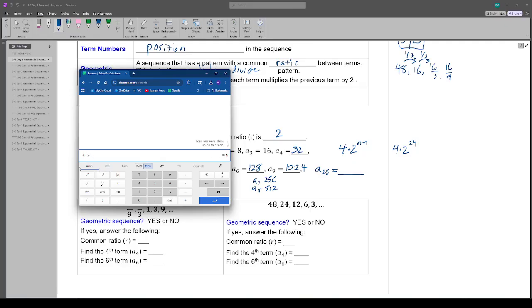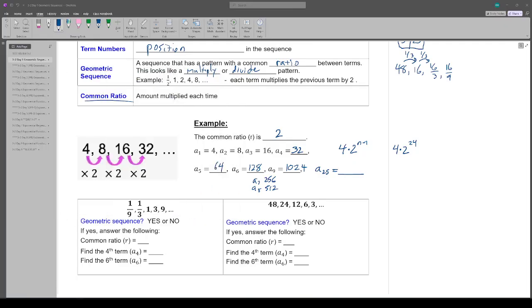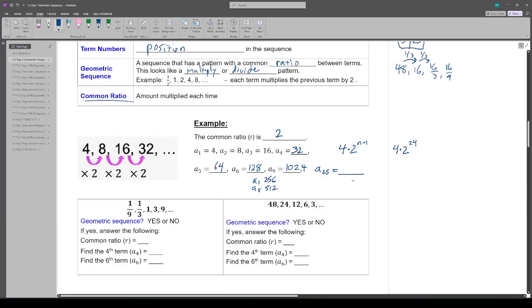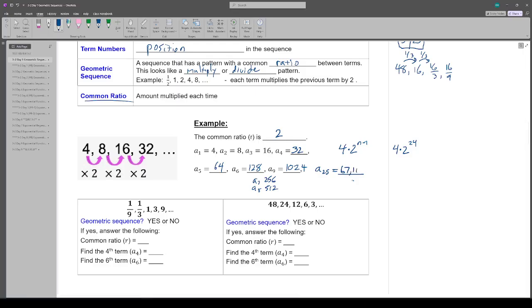Never mind, I'm not sure what the keyboard shortcut is. So we click this button, it goes up to the exponent, and we do 24. We see that that would be 67,108,864. Again, I don't want to do that by hand or multiply that out over and over. So this is a spot where if we want to go to big numbers, calculators become important. But if we're staying with smaller term numbers, then we can do it by hand.